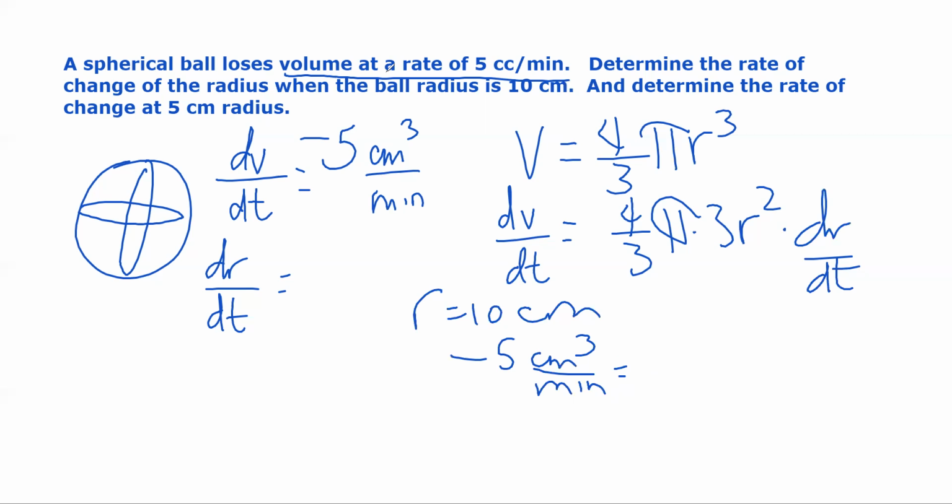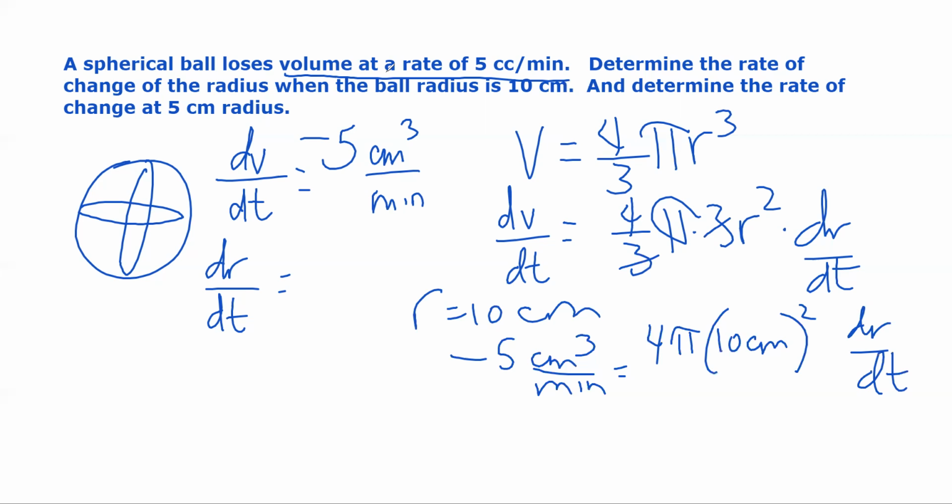And that equals 4 pi, because we're going to cancel out the 3's, 4 pi times 10 centimeters squared. And then we're looking for dr/dt.